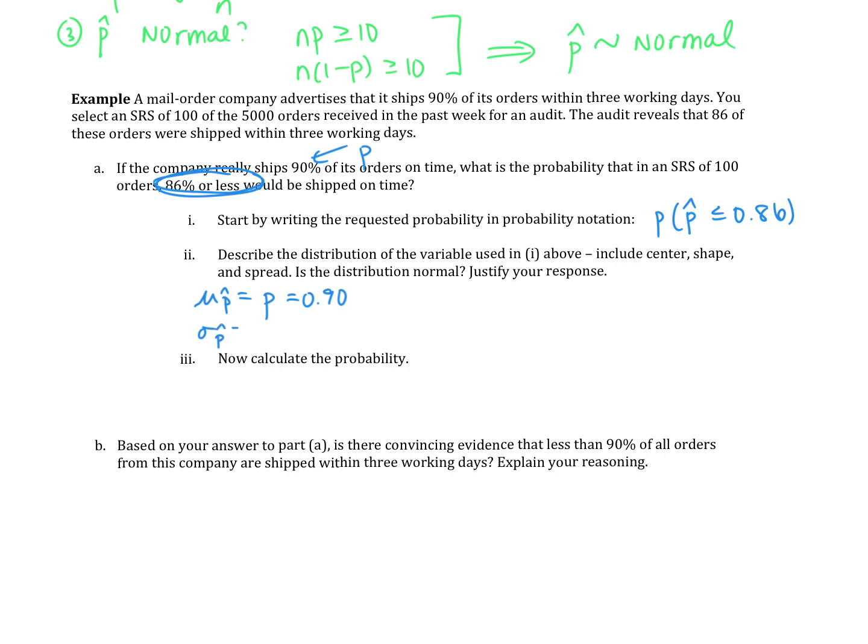The spread is going to be the square root of p(1 − p) all over n. So that's going to be 0.9 multiplied by 0.1 over our n is 100. I think it's 0.03.